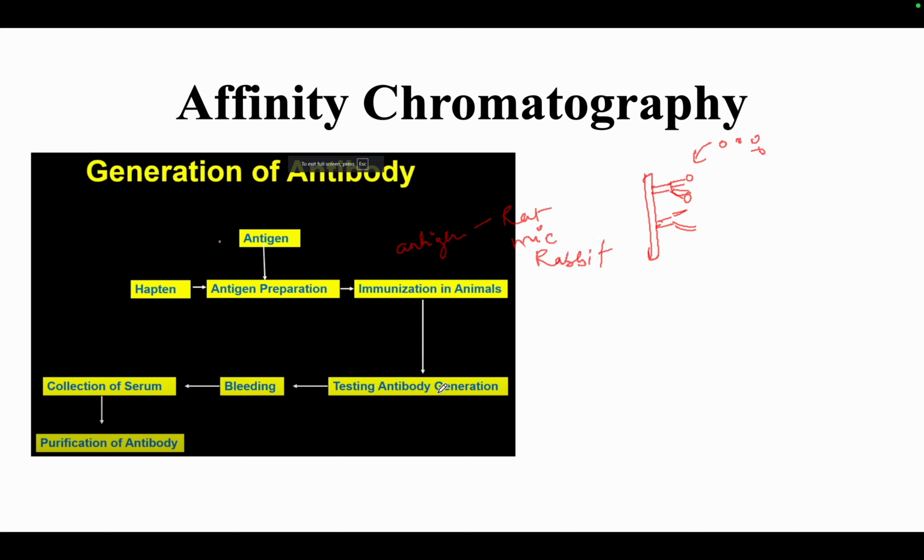We can generate the antibodies, collect the blood sample, and purify the antibodies present in the blood. Then you can immobilize those antibodies onto the matrix by using some spacer or a receptor, and then use it for affinity chromatography.